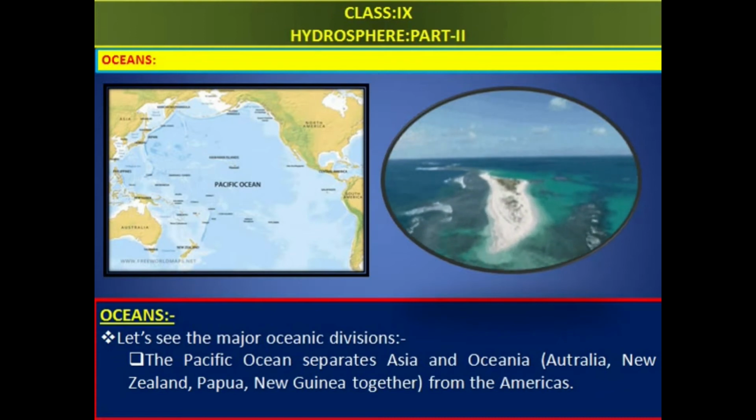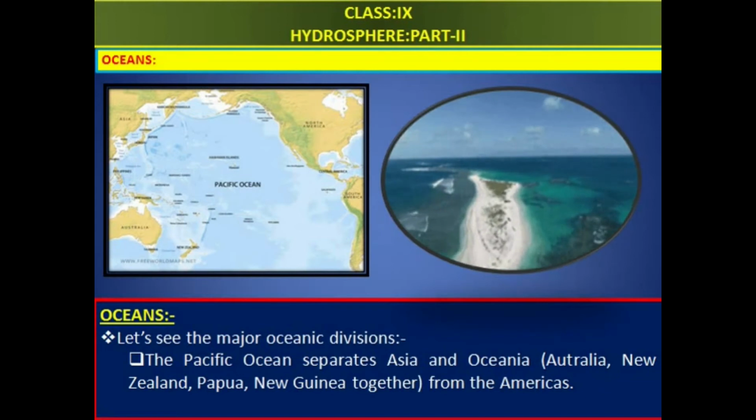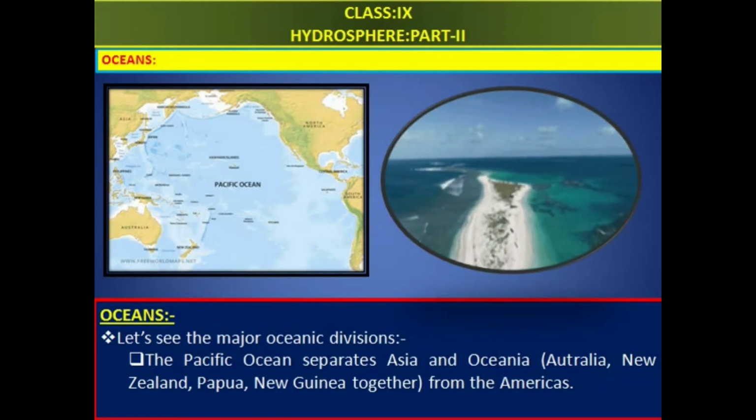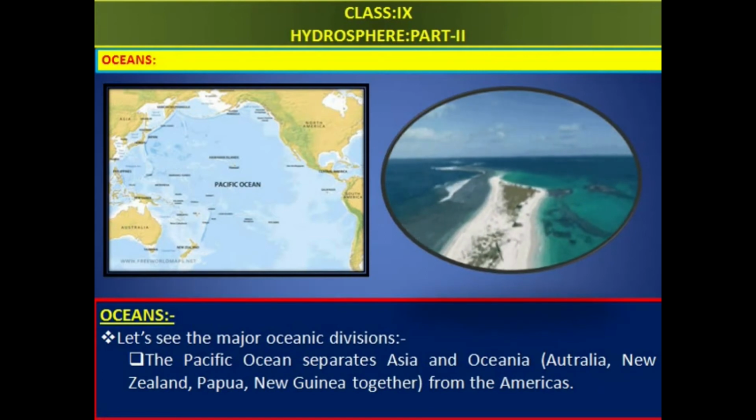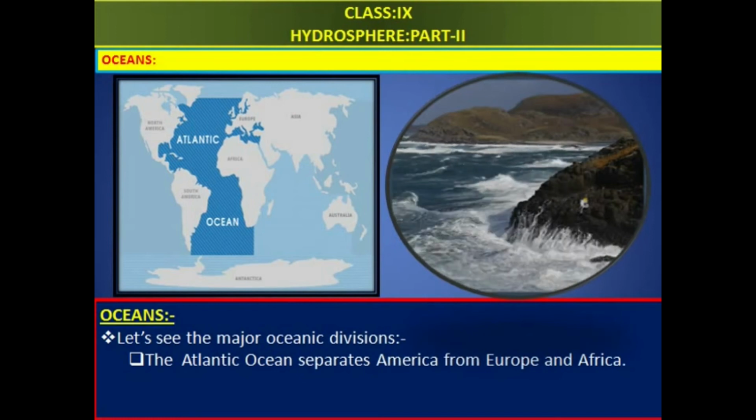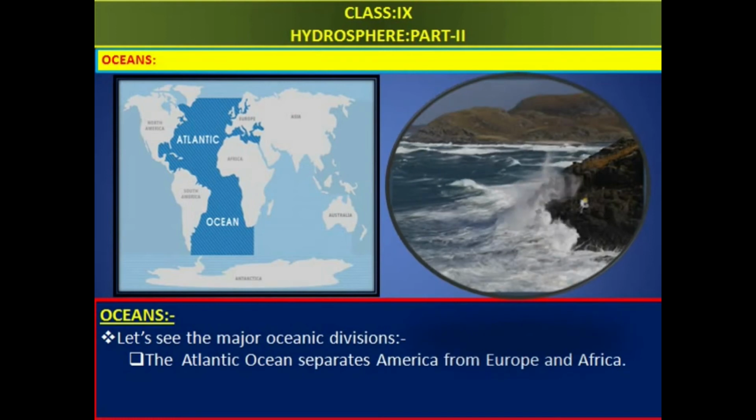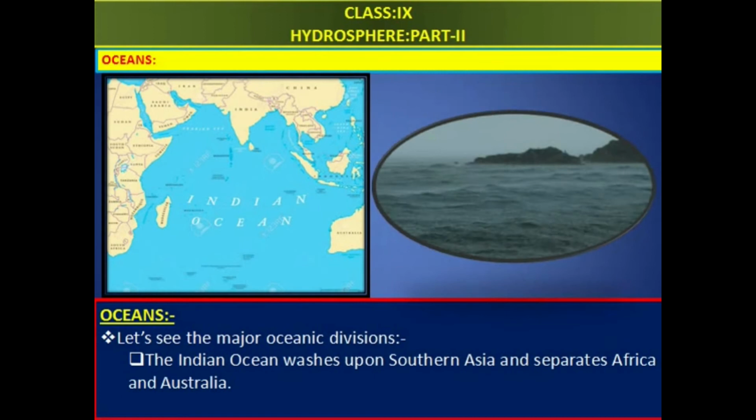The Pacific Ocean separates Asia and Oceania, Australia, New Zealand and Papua New Guinea together, from the Americas. The Atlantic Ocean separates America from Europe and Africa. The Indian Ocean washes upon southern Asia and separates Africa and Australia.